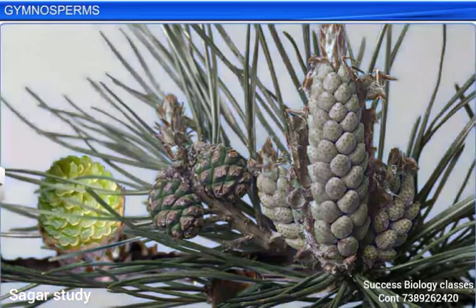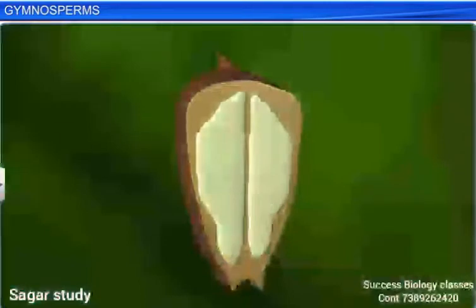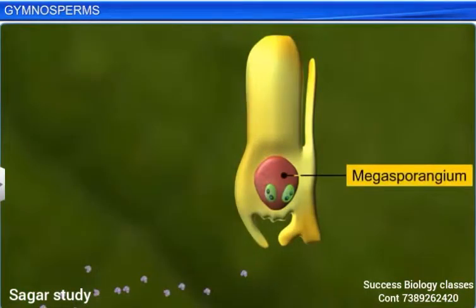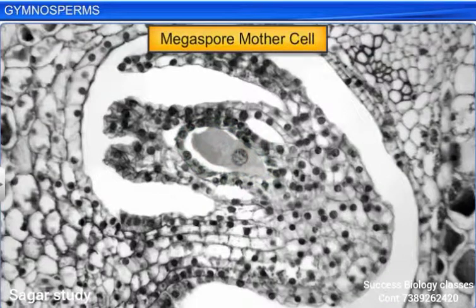The female strobilus is a cluster of megasporophylls which bears ovules containing the megasporangium or nucellus. The megasporangium, surrounded by a layer of envelopes, produces a megaspore mother cell which looks distinctly different from the other cells.